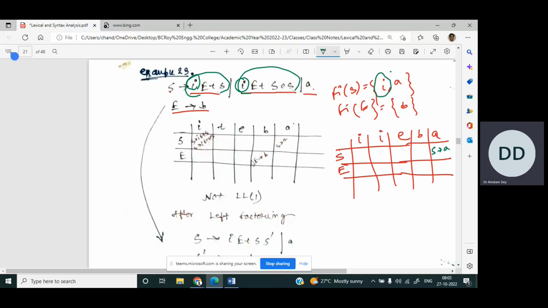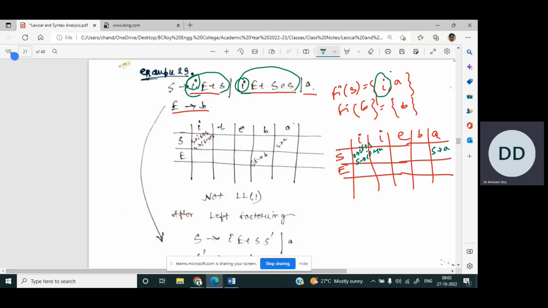So surely you can be sure that two entries will be there: S to iEtS, one production, and another production would be S to iEtSeS. So in this cell, two entries are there. By checking that property, we can tell the grammar is not LL1.